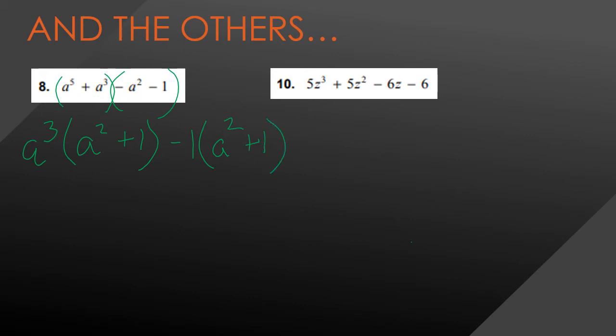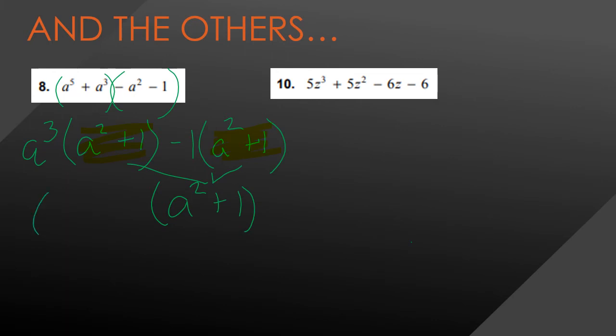But now what happens is once these guys match, I'll show you this part. Once that and this match, it's almost like pulling them out as a GCF by themselves. So a squared plus 1 is the GCF. So I'm taking that out of these 2 as long as they match.